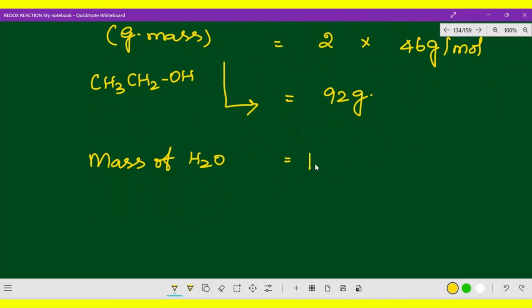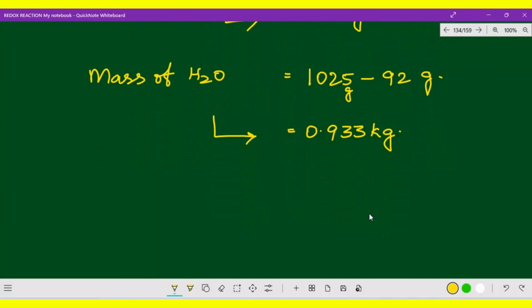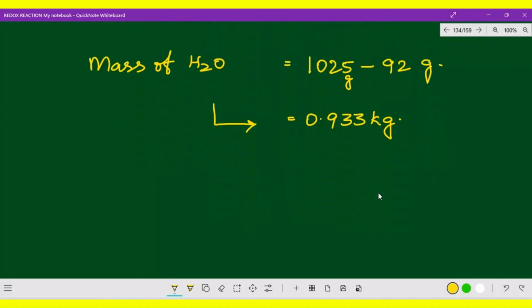So you have to subtract that: 1025 minus 92 gram. This is also gram. So you will get mass of the water, 0.933 kg. Here it's gram only, I just mentioned kg. When you calculate it, 933 gram only you will be getting. I just converted into kg because kg only we will apply.